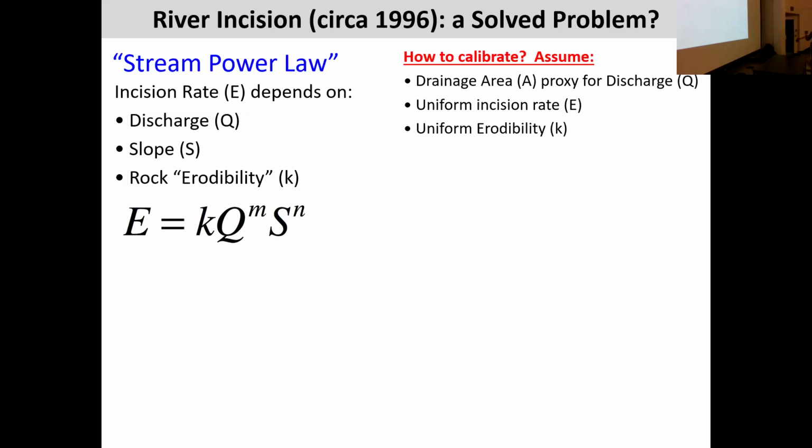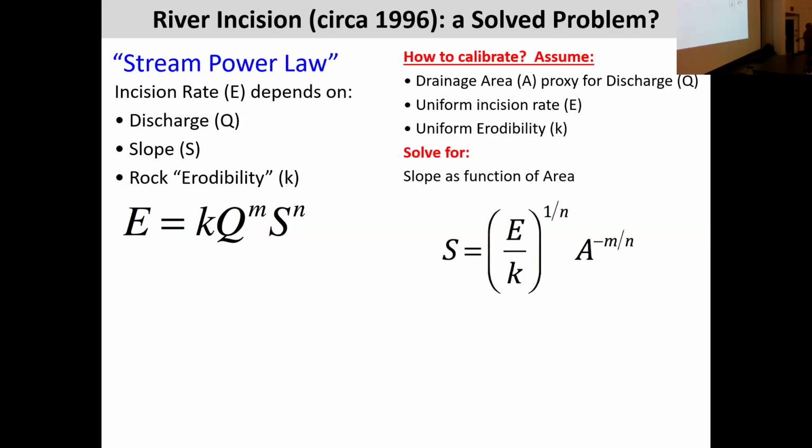And how to calibrate it? Well, what people did was they first simplified the matter by assuming the drainage area was a good proxy for discharge. And then, if you make the heroic assumption that a landscape is all eroding at the same rate, it's in some kind of steady state, and that the rock is about uniformly erodible, you can do a little algebra to this expression and rearrange it and solve for slope as a function of area.